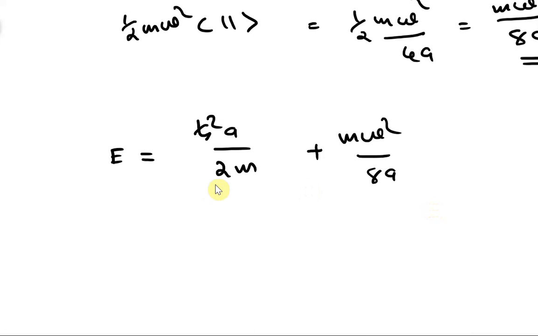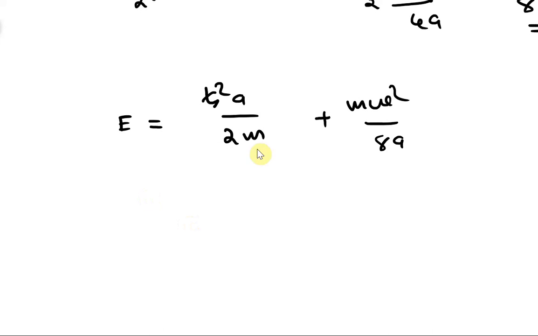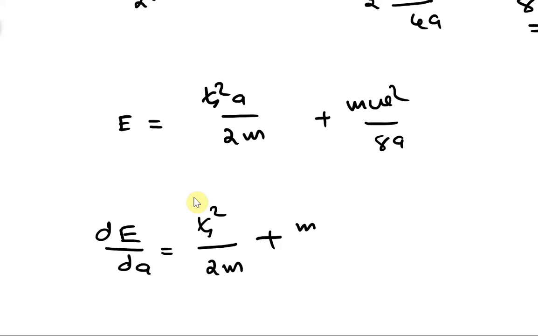So what we want is this value to be minimum for being a ground state. We want to minimize this quantity, so minimum over the parameter a. So just minimize it, dou E by dou a, that will give you h cross square by 2m plus m omega square divided by 8, and this is minus a square, right?